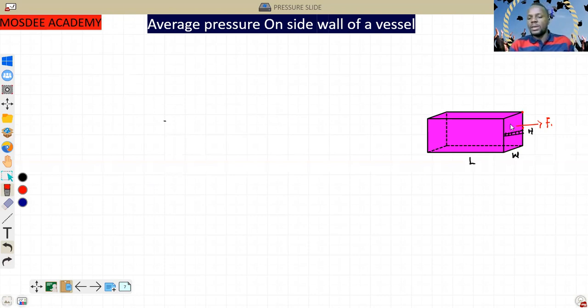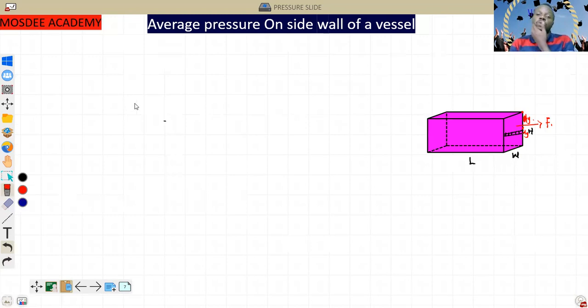So the dimension of the height I want to take here is y. I'll call the height from that place to that particular point y, and the total height from here to here is h. So let us not make a mistake.